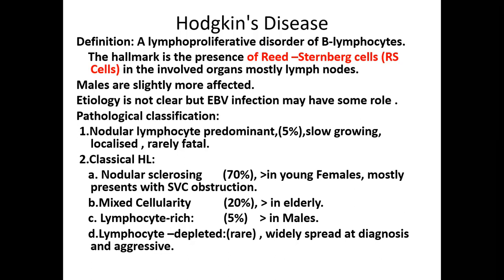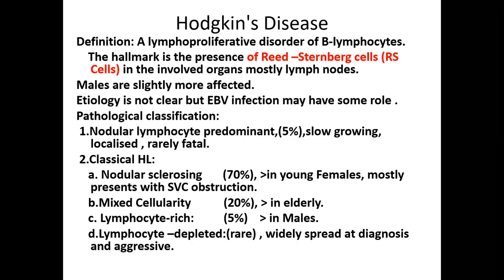It is common in young females and mostly present with large mediastinal mass that may end with superior vena cava obstruction. The second subtype is the mixed cellularity. It forms around 20% of cases. It is more in the elderly, and it has a worse prognosis. The lymphocyte rich, this variety has good prognosis.